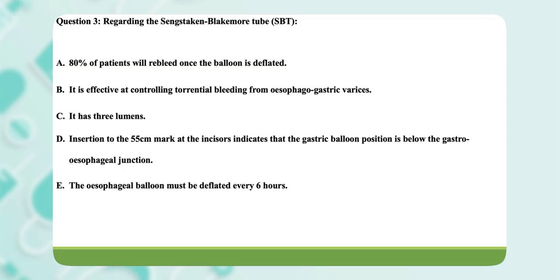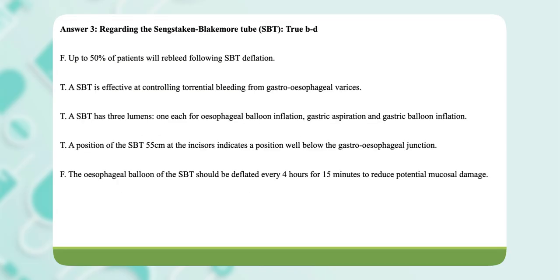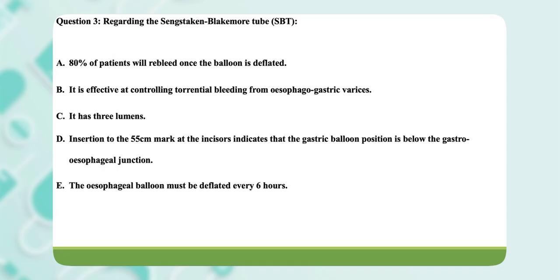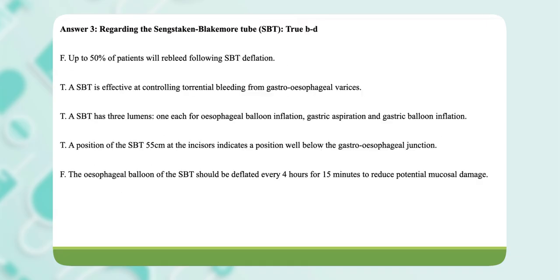It has 3 lumens. Insertion to the 55 centimeter mark at the incisor indicates that the gastric balloon position is below the gastroesophageal junction. And the esophageal balloon must be deflated every 6 hours. So already a few points we have discussed. So the answer is up to 50% of patients will rebleed following SBT deflation, not 80%. If it is 80%, then it should not be included in that management pathway.